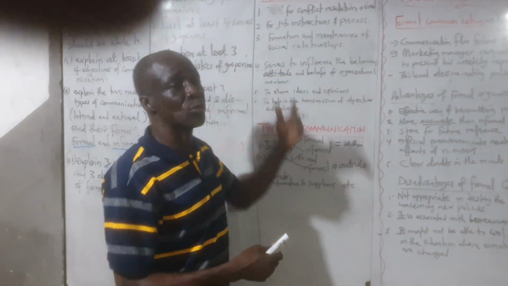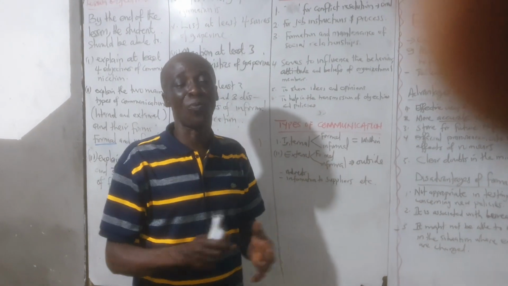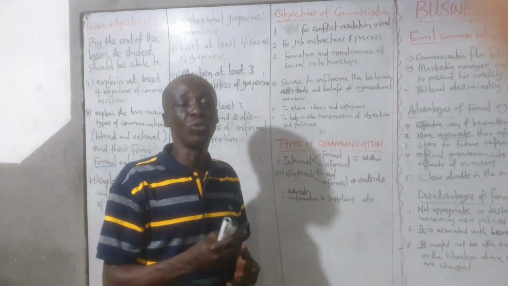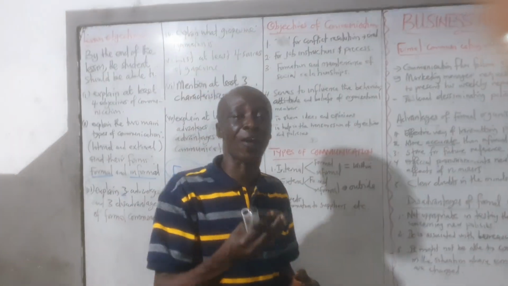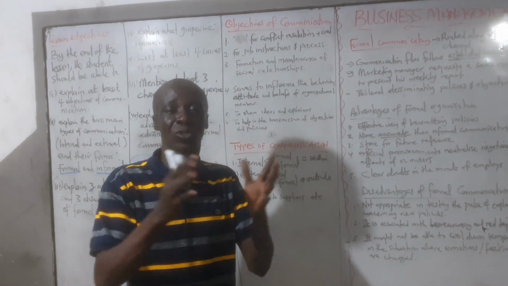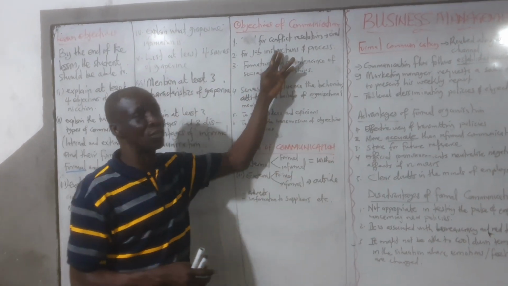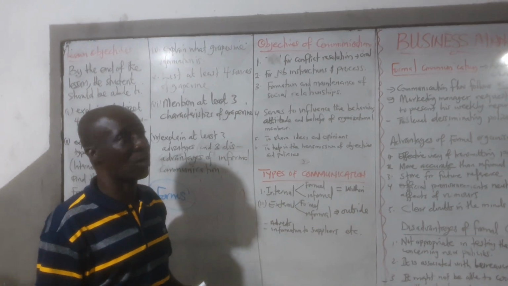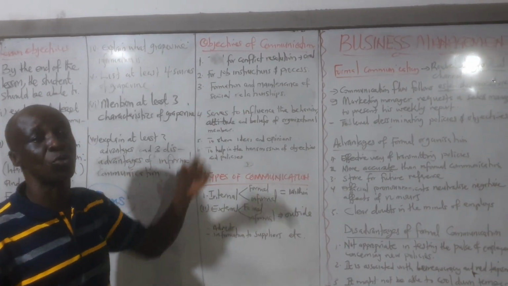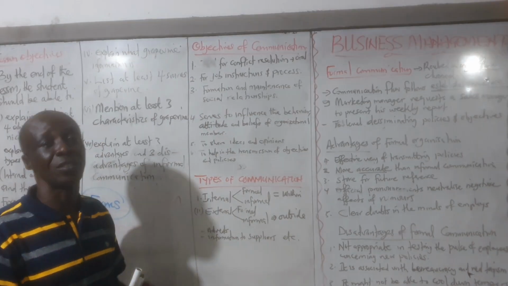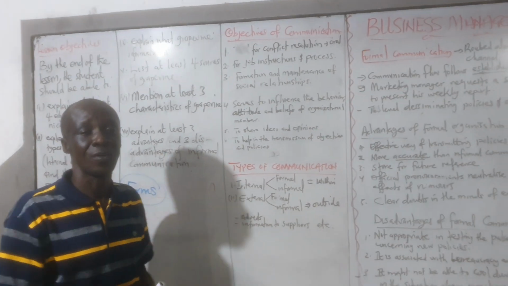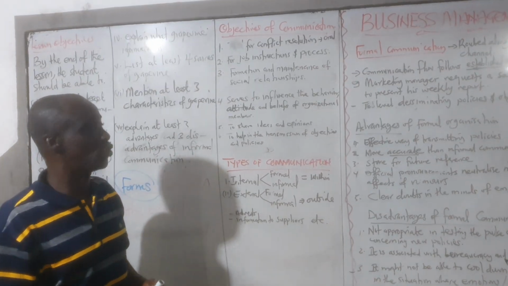And how can you resolve conflicts without communication? You use oral communication to resolve conflicts in the organization. So that is the first one: communication is used to resolve conflicts in the organization.